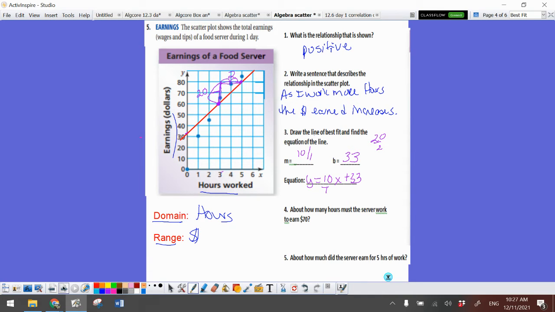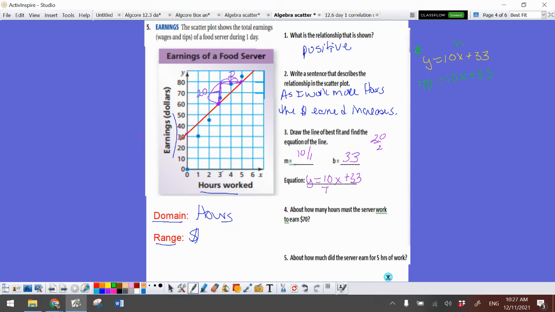Okay? All right, so we're going to use our equation, y equals 10x plus 33, to estimate how many hours the server must work to earn $70. Well, we need to remember that this is the money and this is the hours. So if they're telling me that that's a 70, that means it's going in for the y value.